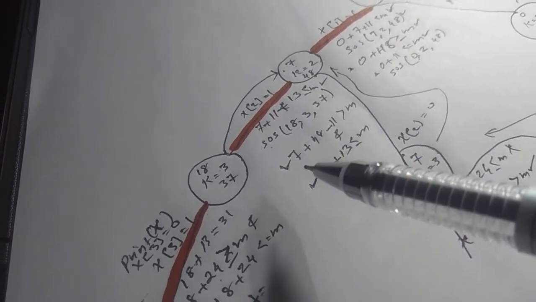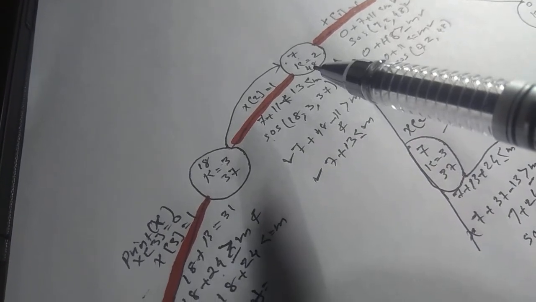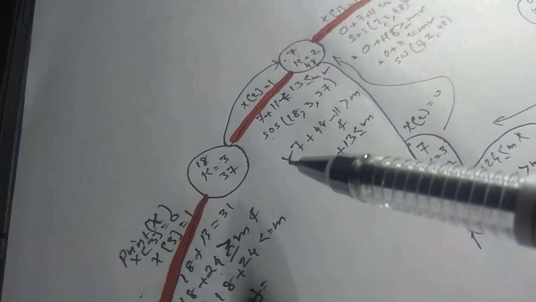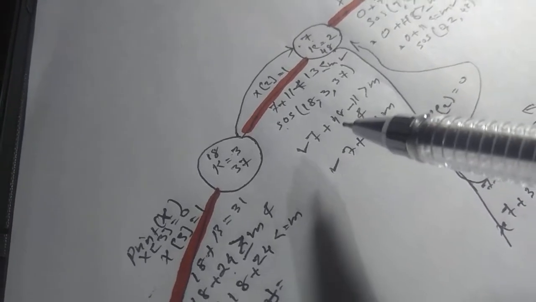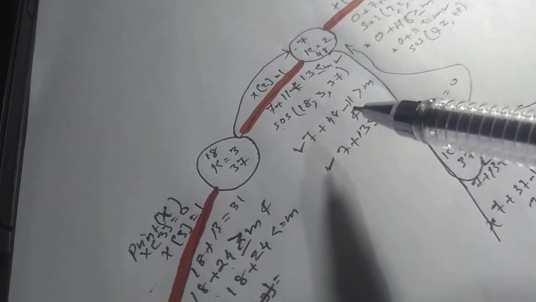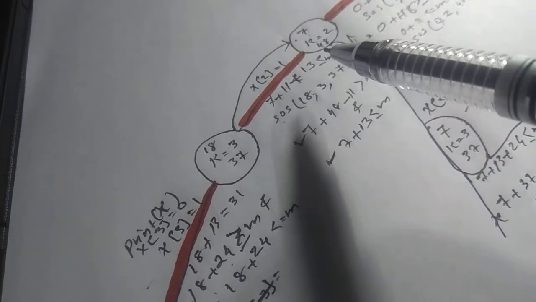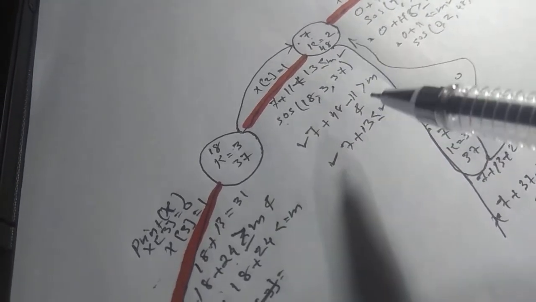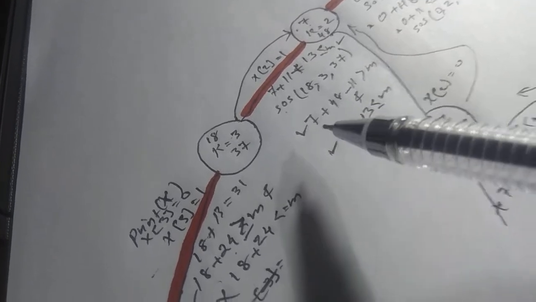Sorry, sum plus remaining sum minus wk. Okay, k is 2 here, so the second element is 11. So sum plus remaining sum, 48 minus 11. Is it greater than m? Okay, it is greater than m.